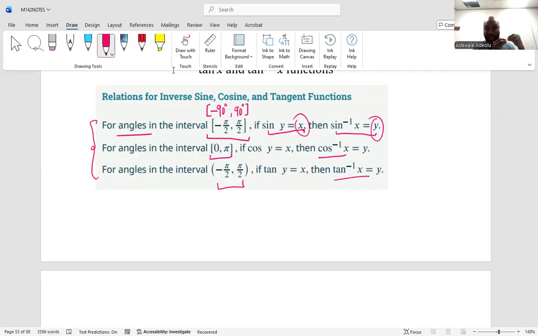And on that restricted domain, the sine function, cosine function, tangent function have become one-to-one. And now we can talk about their inverses. And we say these are the regions where we define those restrictions.